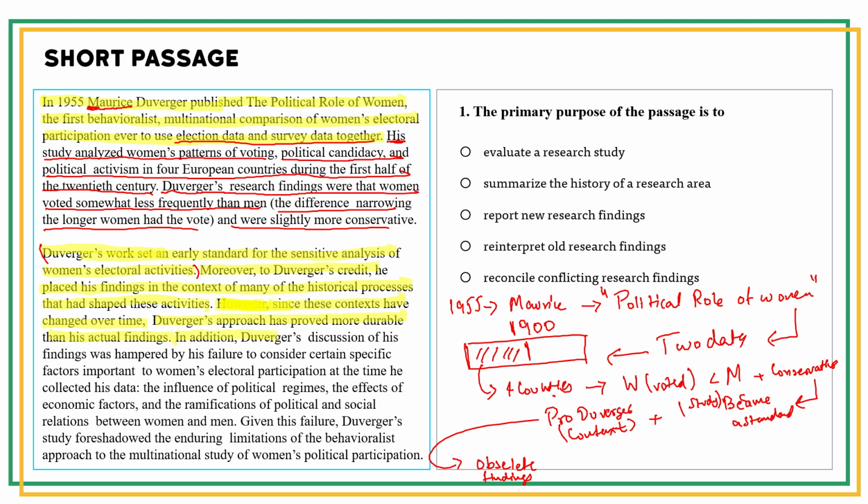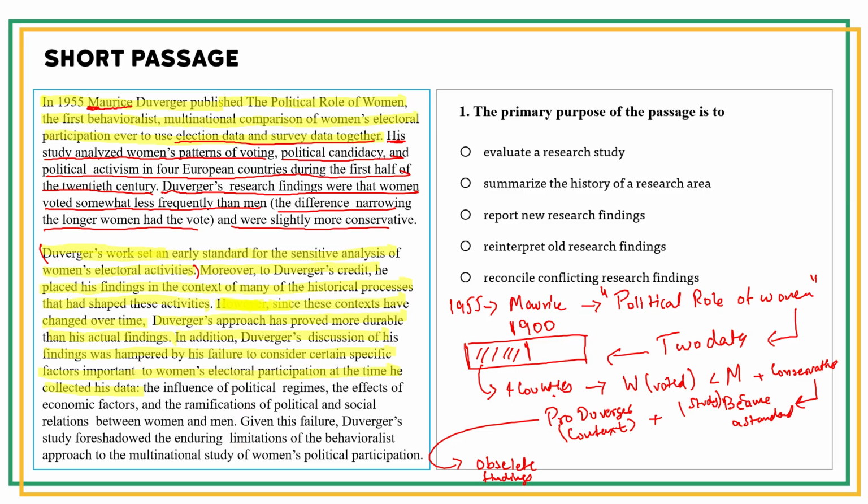In addition, Duverger's discussion of his findings was hampered by his failure to consider certain specific factors important to women's electoral participation at the time he collected his data. Okay, so yeah, he had some flaws in his study. And the flaws were that he could not consider some factors.